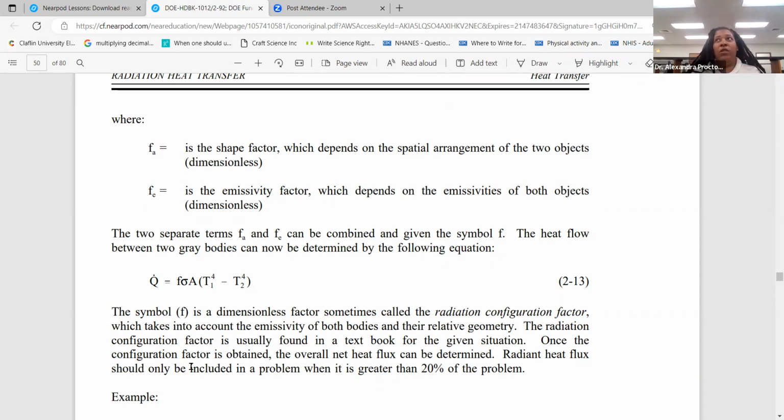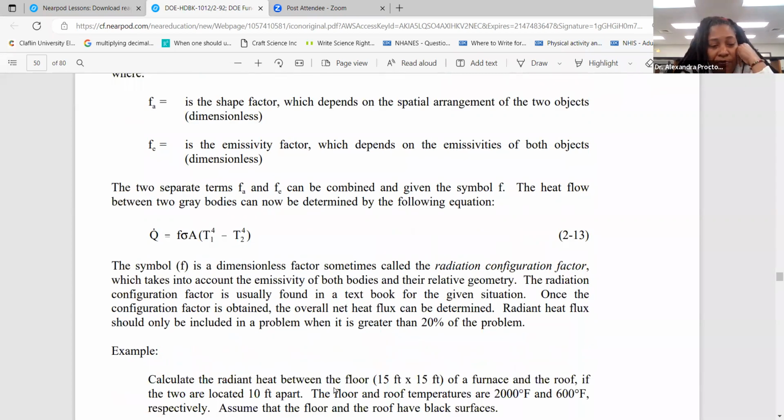We went through several equations where the value was already given, and this is also a given value. Once the factor is obtained, the overall net heat flux can then be determined. Radiant heat flux should only be included in a problem when it is greater than 20% of the problem.